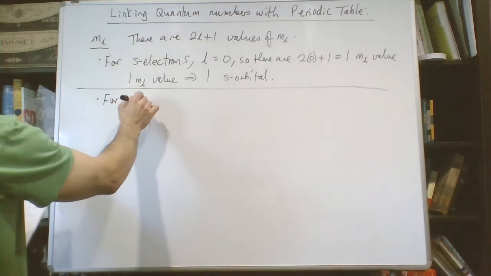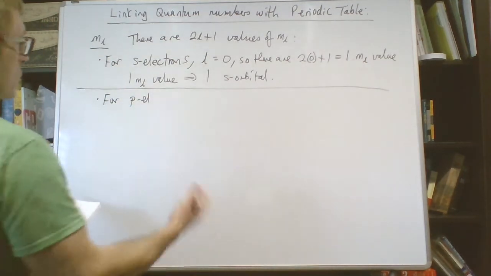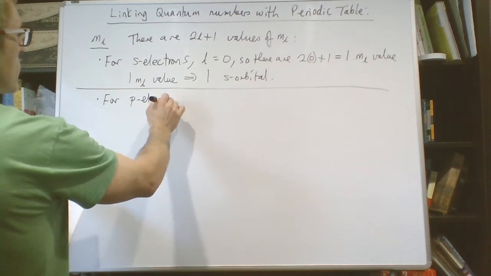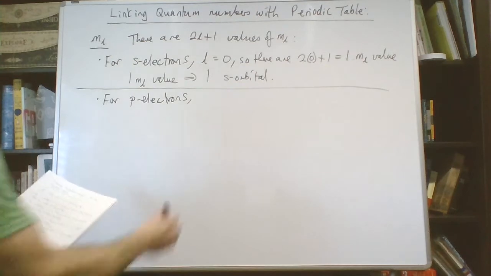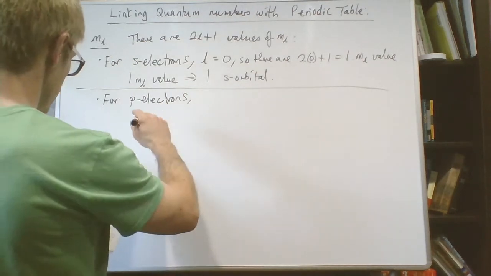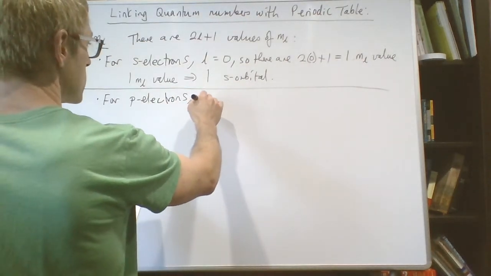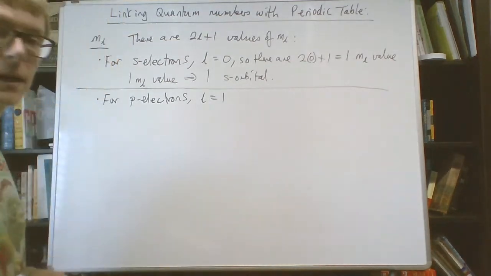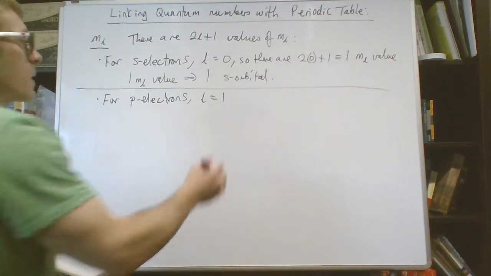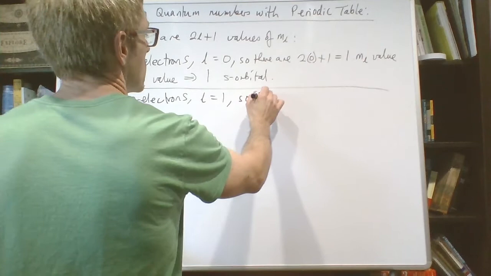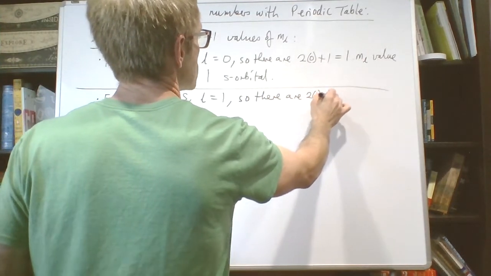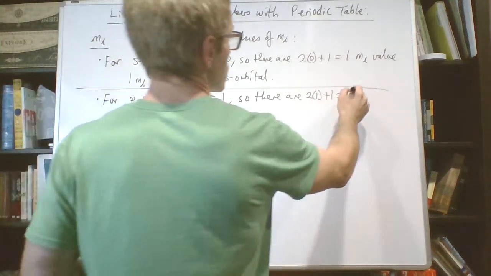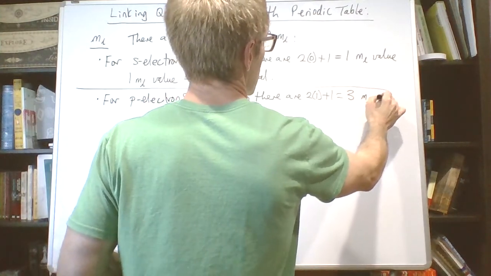For p electrons, or electrons in p orbitals, but I'll continue to call them p electrons because I think it's useful, although you have to be careful with what you think it means. L equals 1 for p electrons. So there are 2 lots of 1 plus 1, which is 3 ml values.